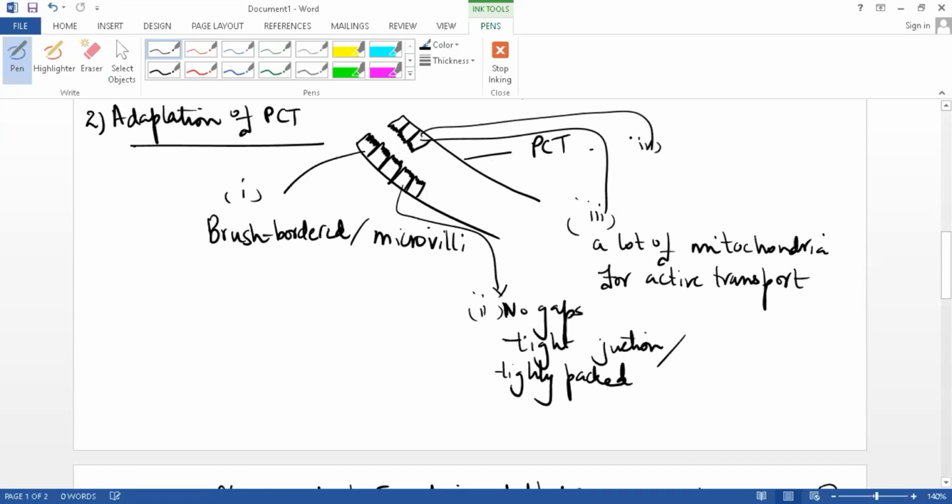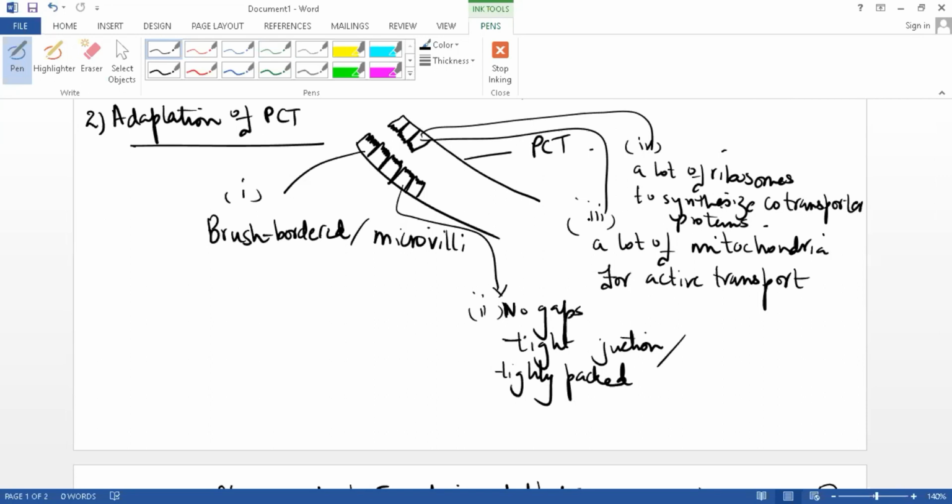These cells have a lot of ribosomes to make the special proteins, which are the co-transporter proteins. Ribosomes are meant for protein synthesis, and they have a lot of ribosomes to synthesize co-transporter proteins in the cell membrane, which are very important. You will understand it afterward, what these proteins are doing, why active transport is going on.